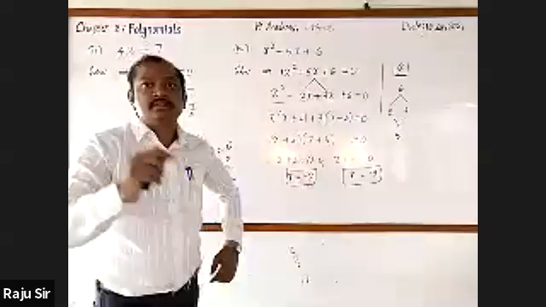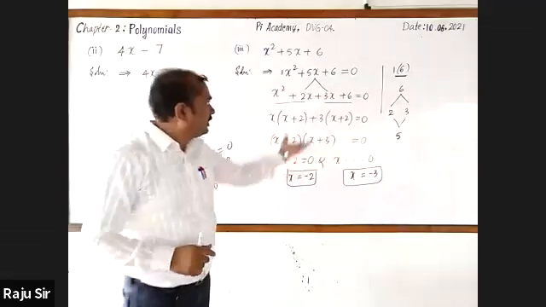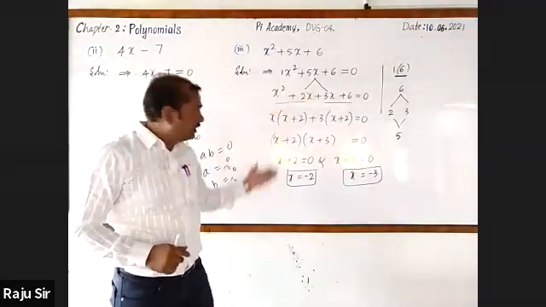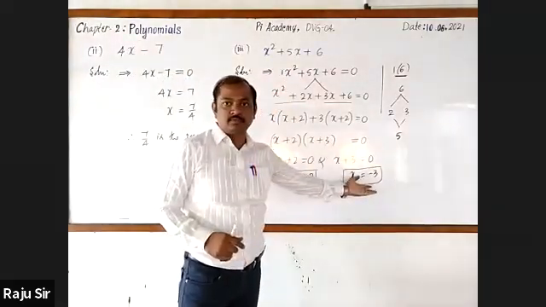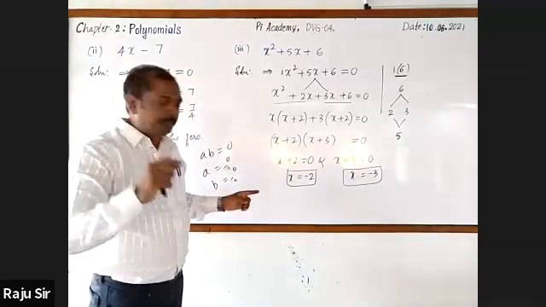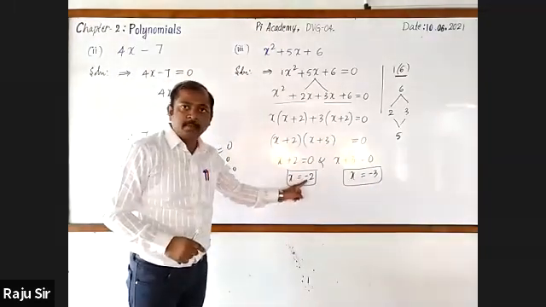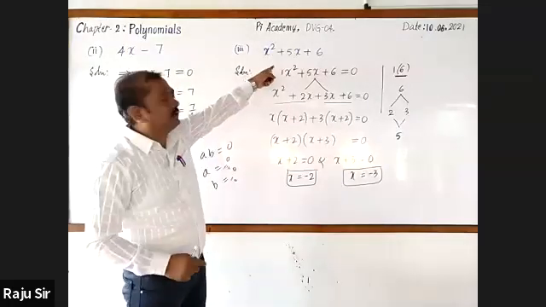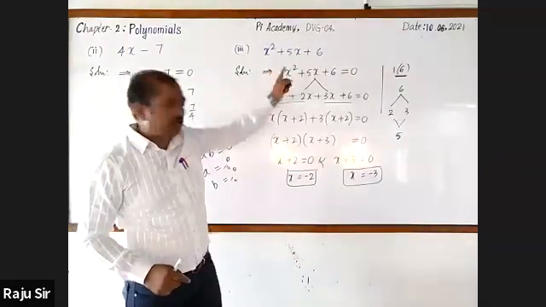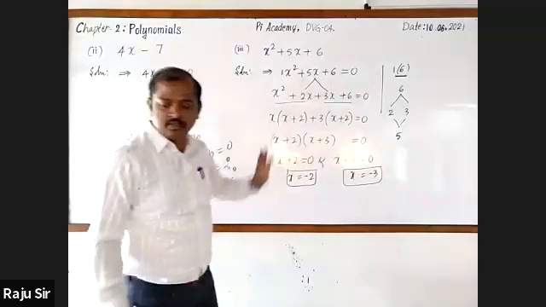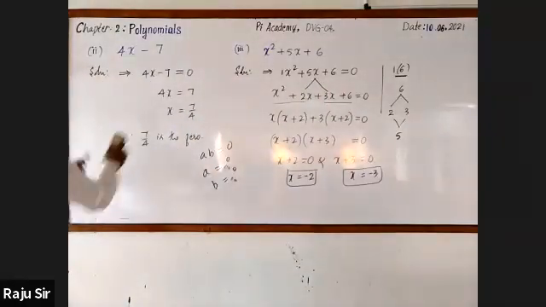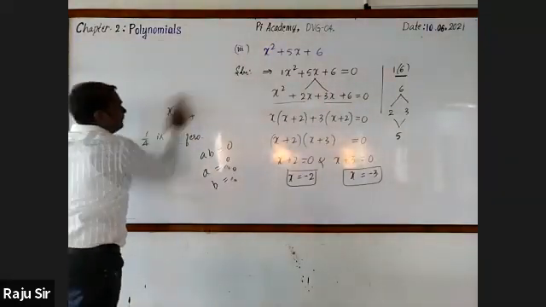This quadratic polynomial has two zeros, which means that when you substitute minus 2 in place of x, its value is 0. Not only that, even minus 3 also. So verification is very clear. You don't copy.